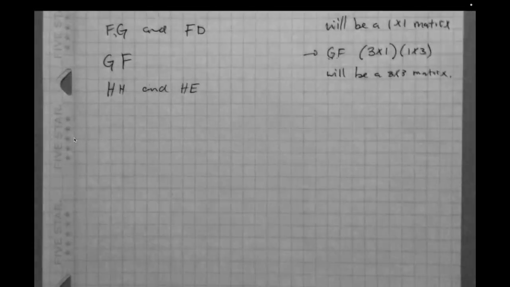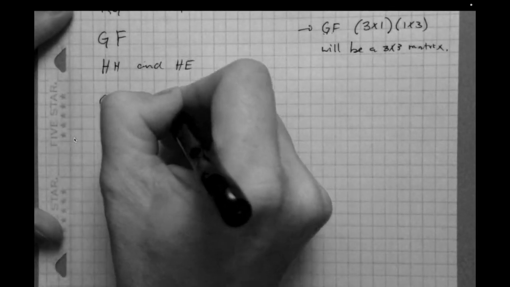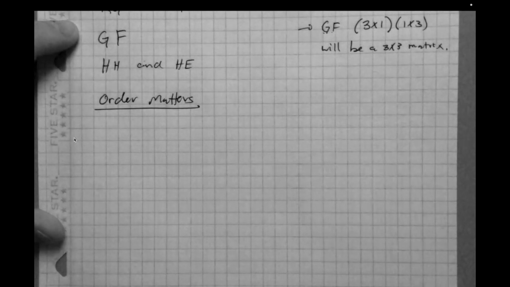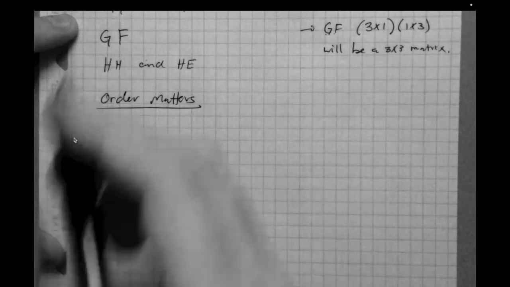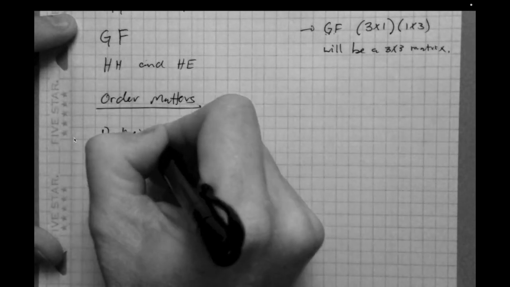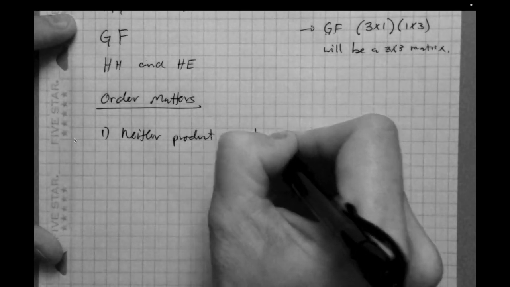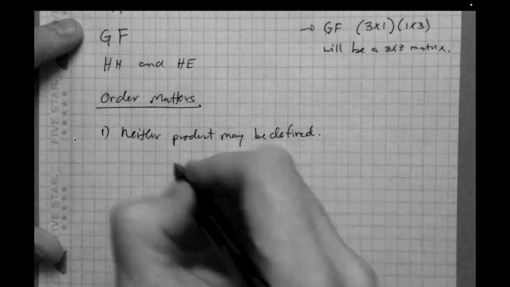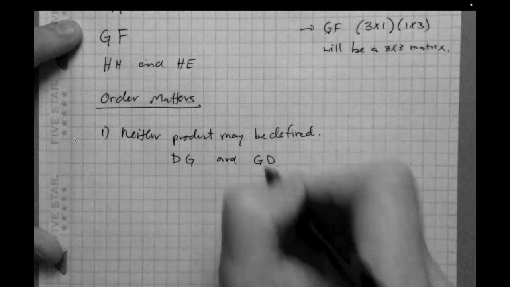Okay, let's talk about what can happen here with the order. So order matters. First thing that can happen is neither product may be defined. An example of that is DG and GD.